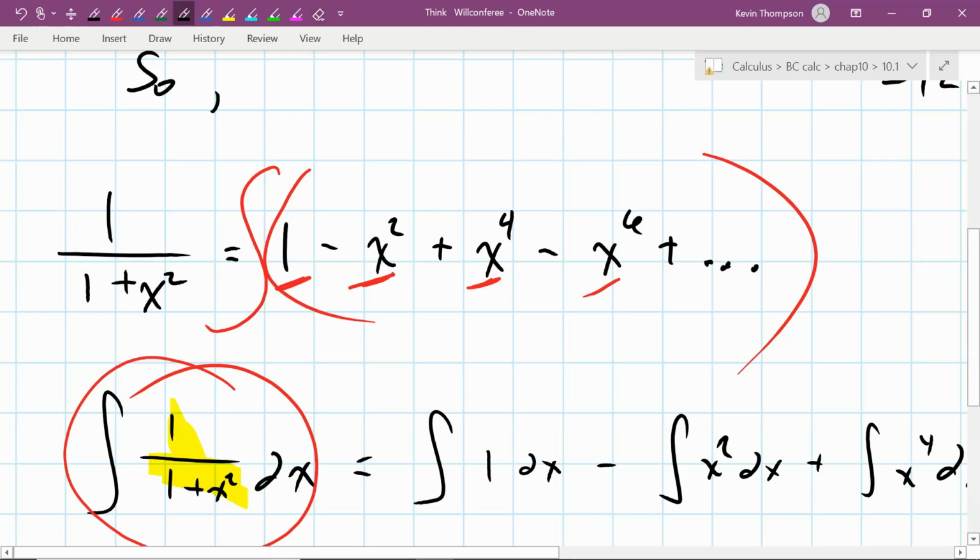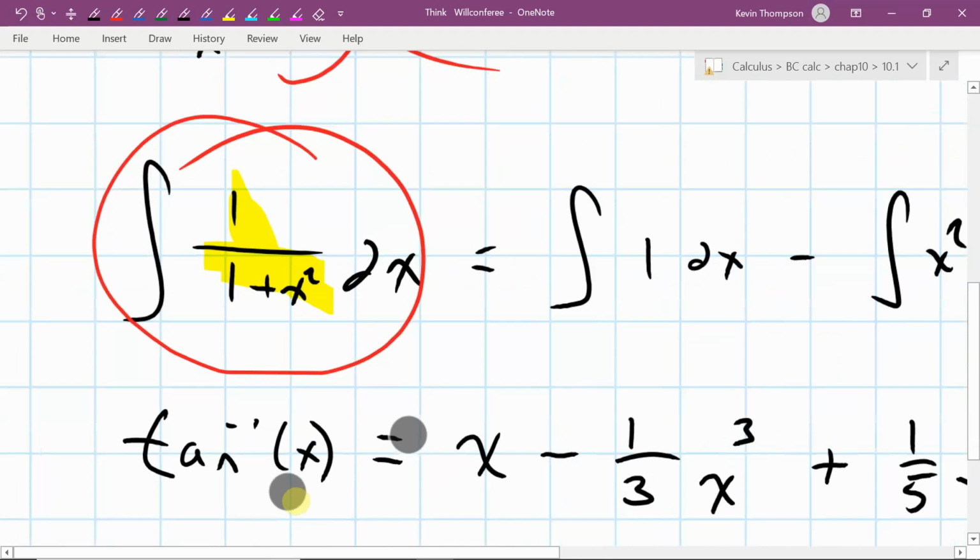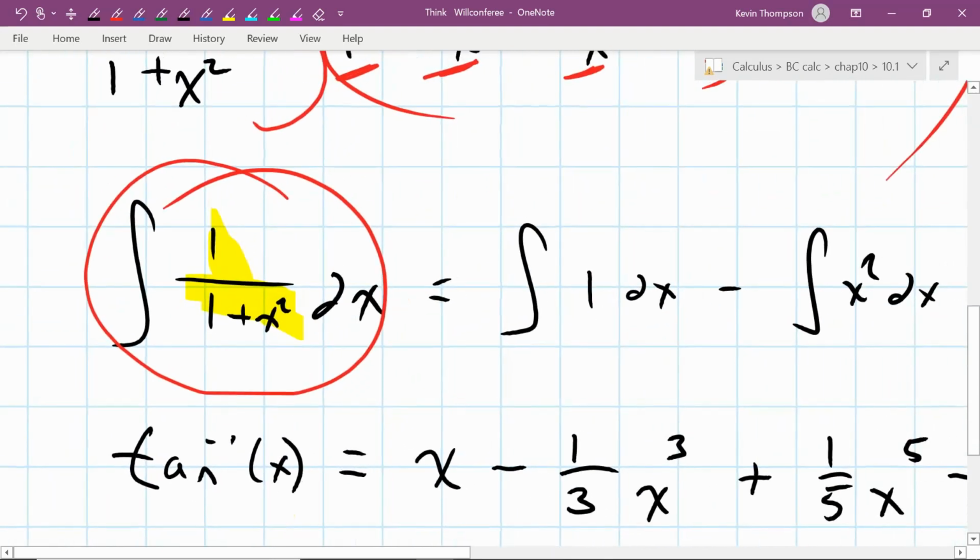It is the inverse tangent. Okay, it's an inverse tangent, because of the derivative of the inverse tangent.